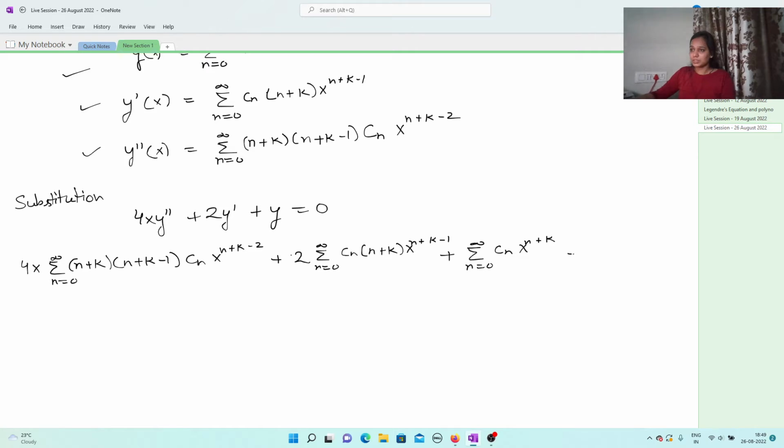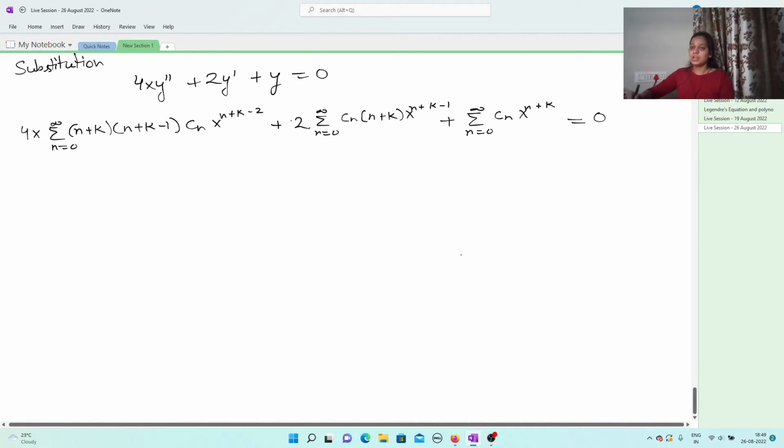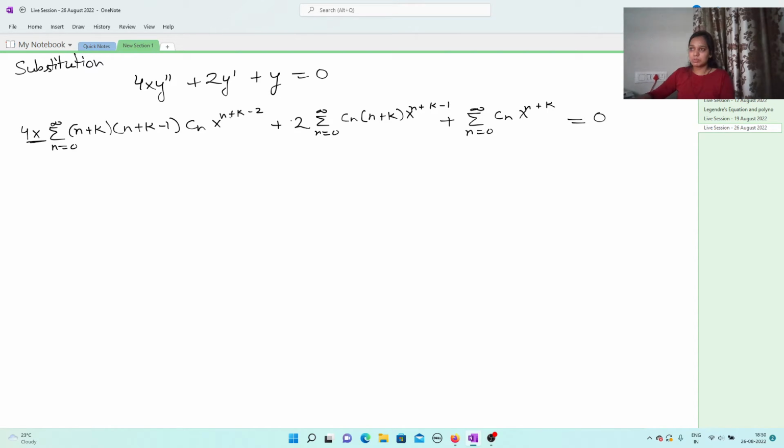Okay, this is equal to 0. Okay, so we have substituted. Now, so this 4x is there. Now this x can be multiplied to this, and this will become n plus k minus 1. This is also n plus k minus 1.